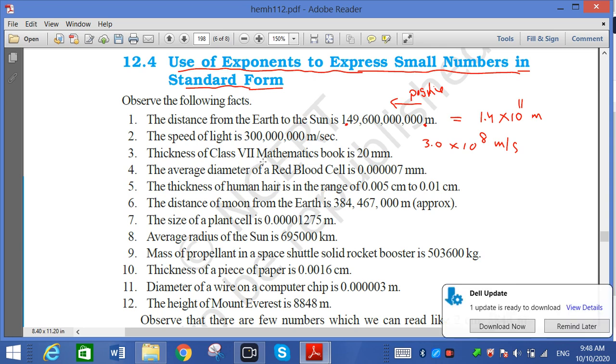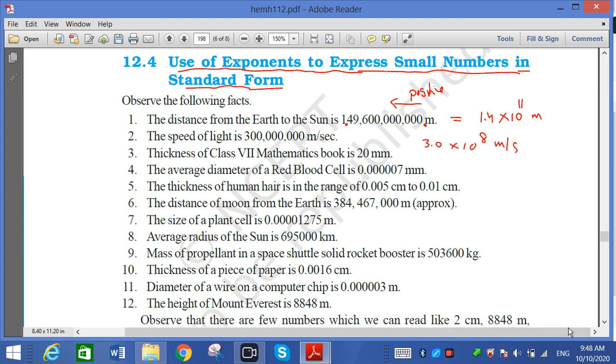The thickness of the class 7th mathematics book is 20 mm. So it is easy. But now here, question number 4, concentrate.